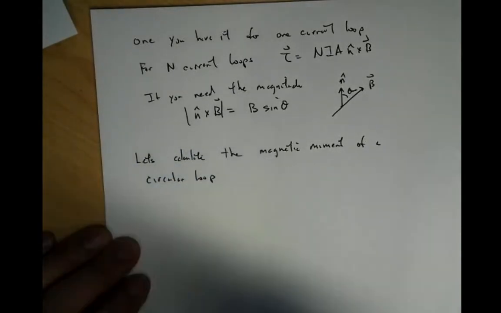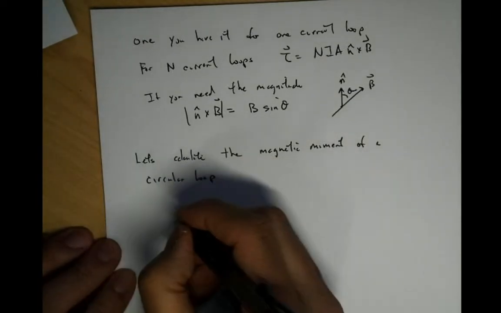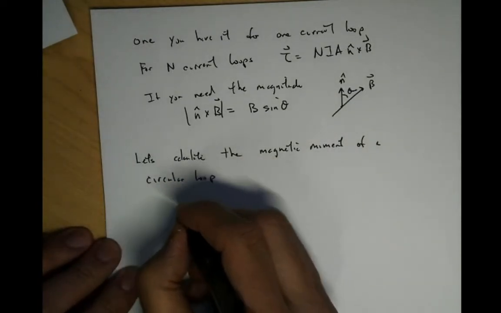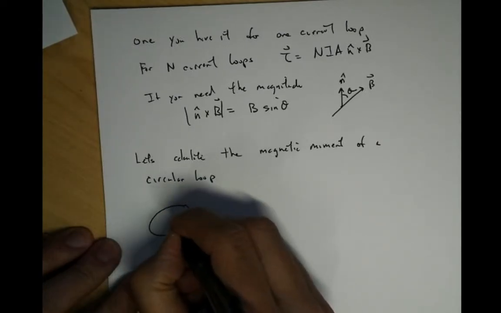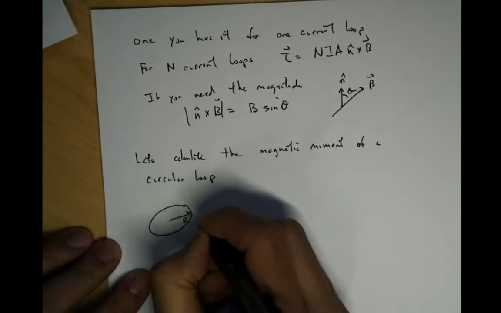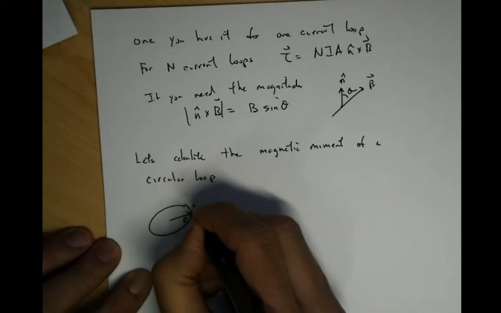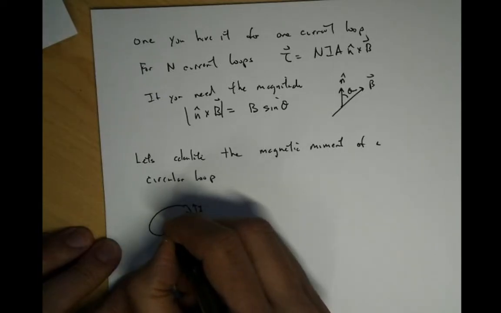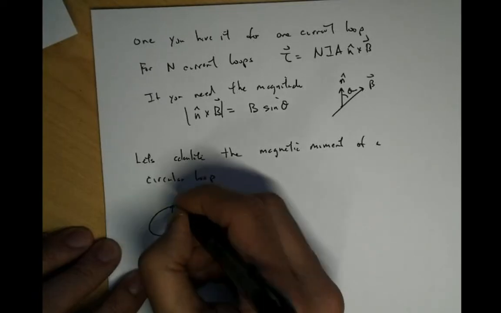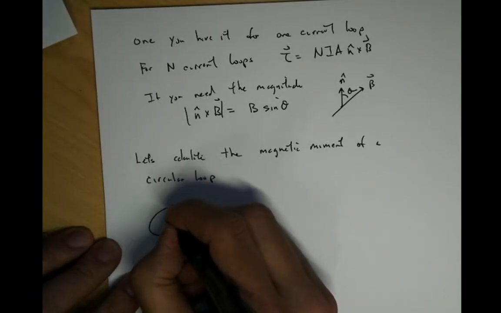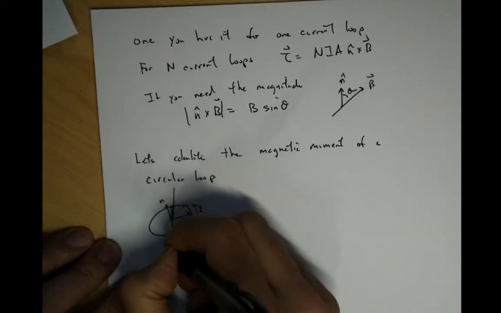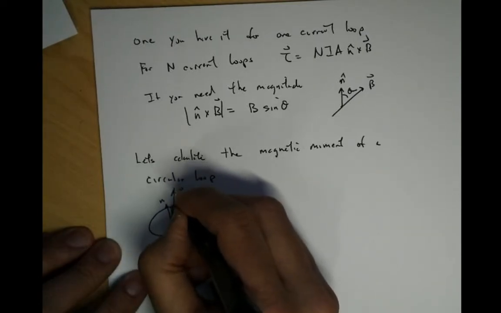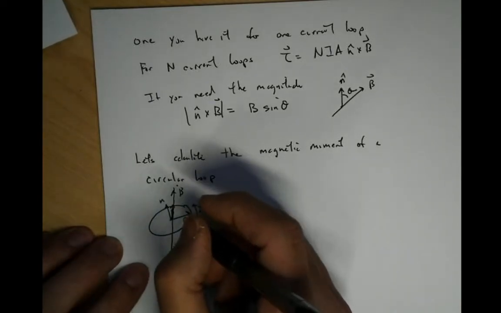We basically did the rectangular loop, so let's do the circular loop. You can imagine that I have some circle here, with some radius r, and some current I flowing around it like this. This loop has, let's say, a normal vector pointing in this direction, and let's say some B field pointing straight up, okay?